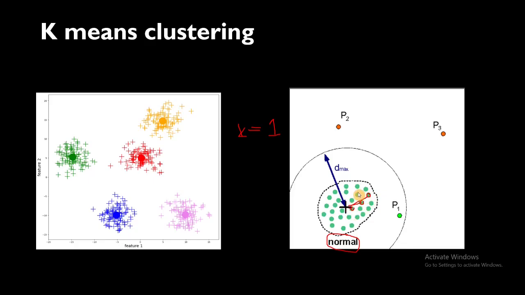Let's call that D. So we'll obtain a value of D for the entire normal dataset, and when there is an anomaly, the distance from the cluster center would be pretty high. By comparing the distance of the anomaly with the mean distance of the normal dataset, we can say, okay, this data may be anomalous because the distance from the cluster center is pretty high. So let's see how we're going to execute this in the Jupyter notebook.